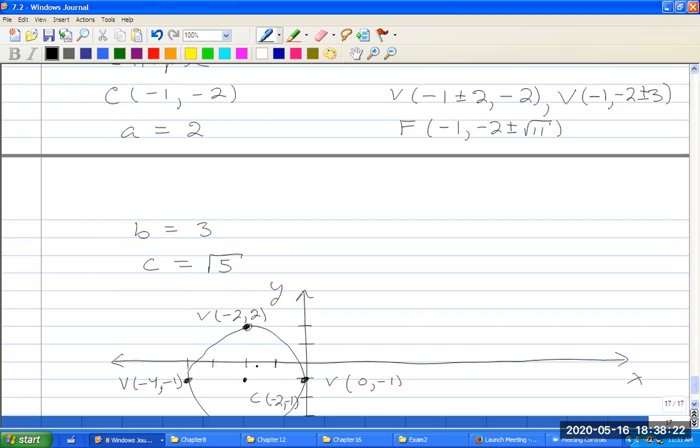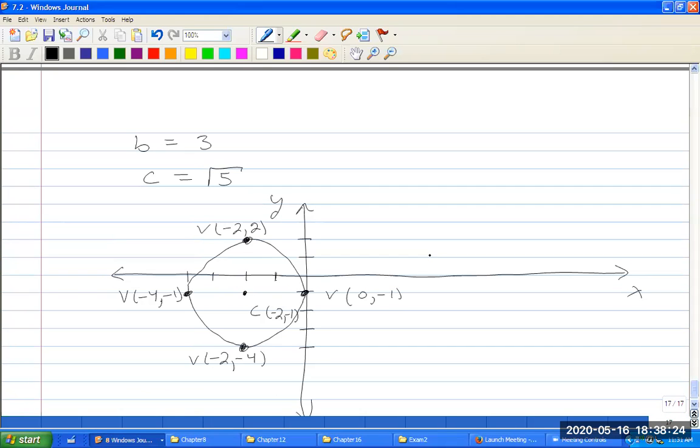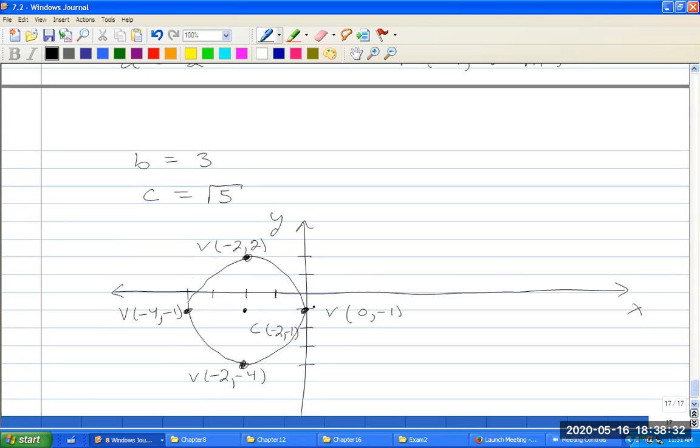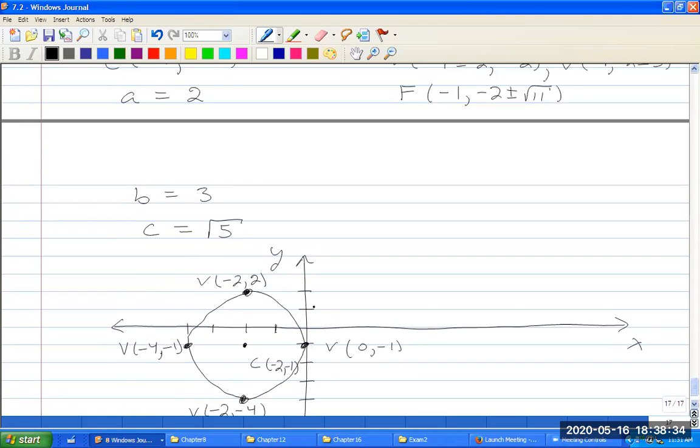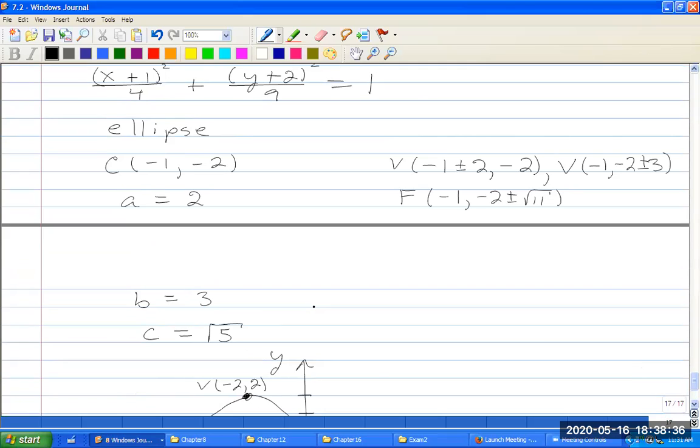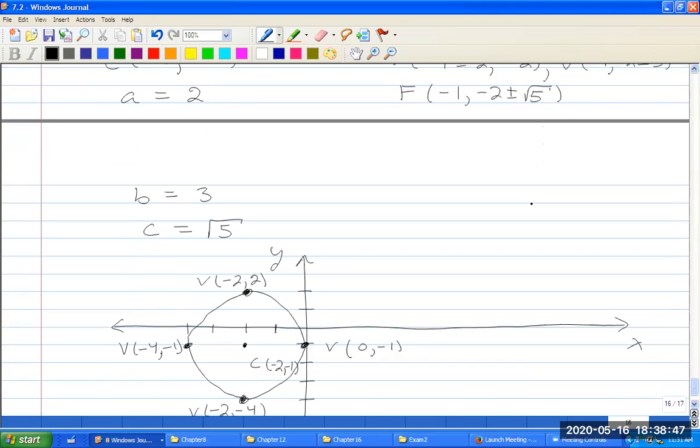Okay, so here it is. Square root of 5, because square root of 3 didn't make any sense. A little bit bigger than 2. Okay, so there it is.